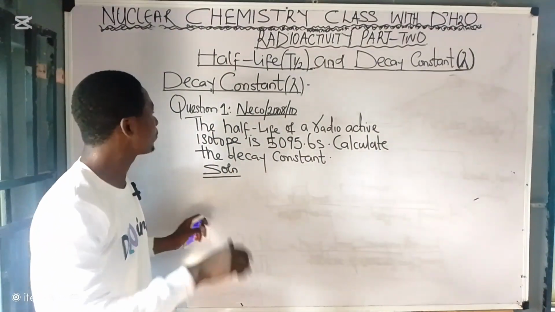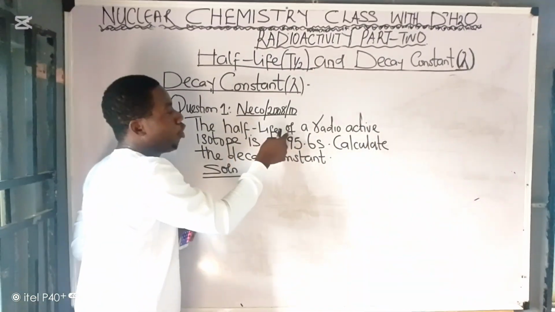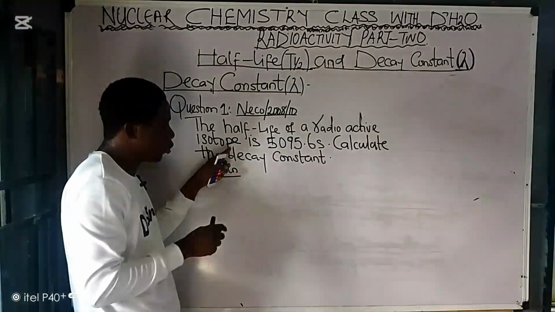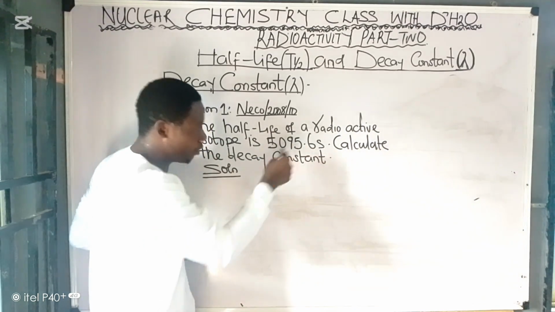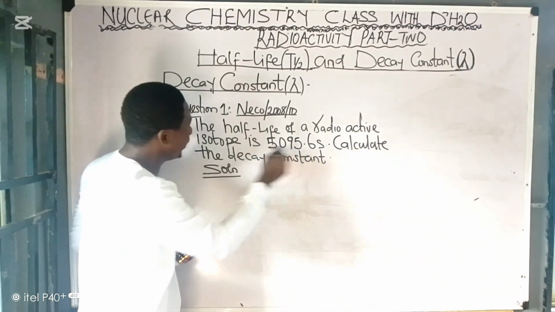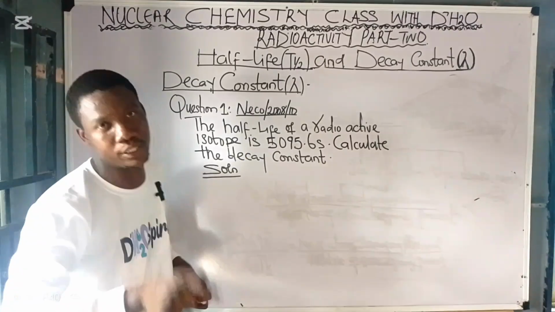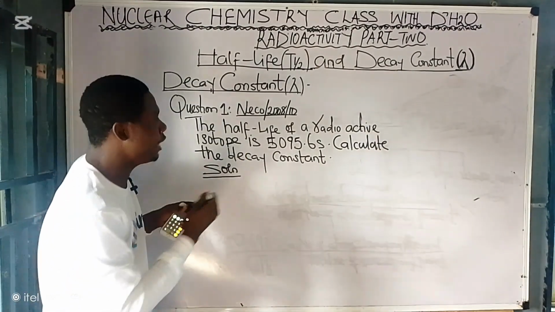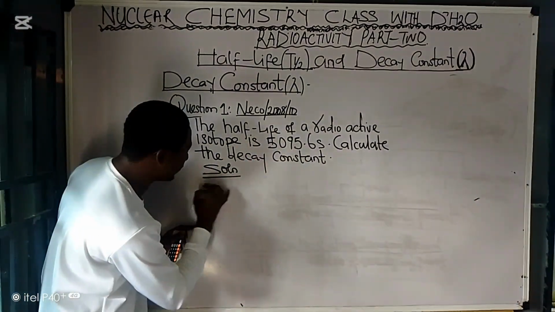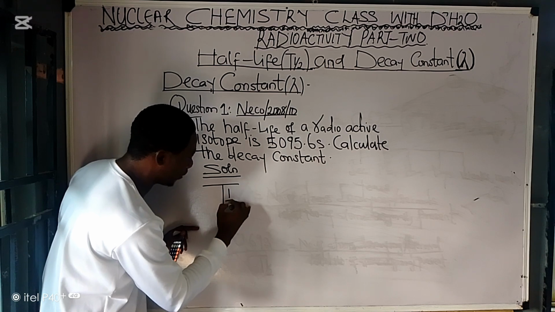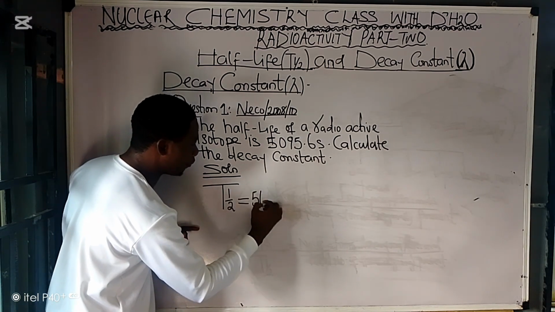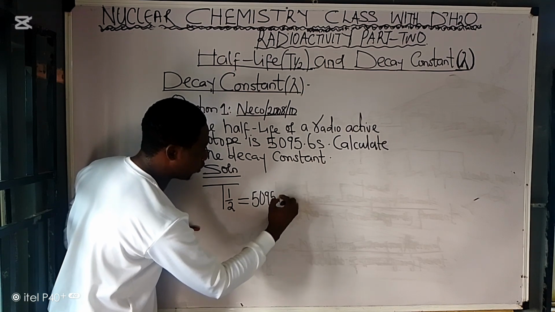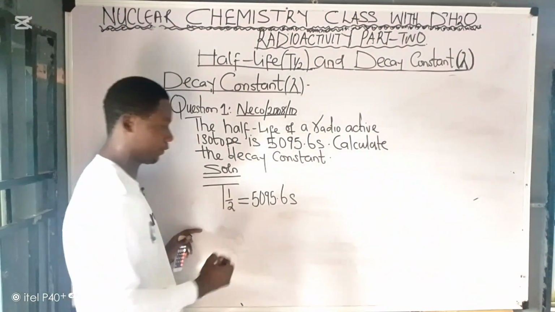According to this question, he said the half-life of a radioactive isotope is 5095.6 seconds. This is the half-life. Calculate the decay constant. Very easy. Now, if we bring out the parameters, we have half-life, watch carefully, equals 5095.6 seconds.